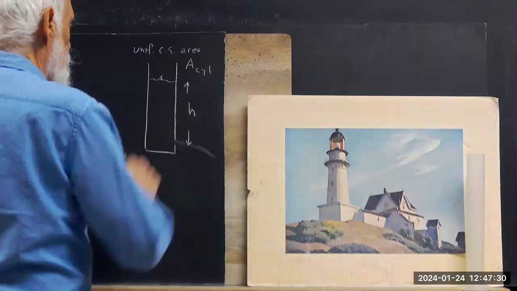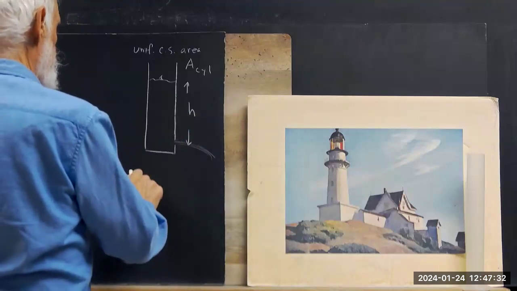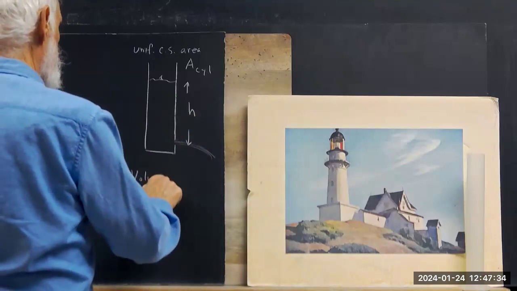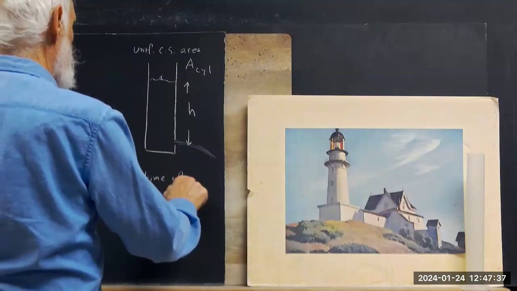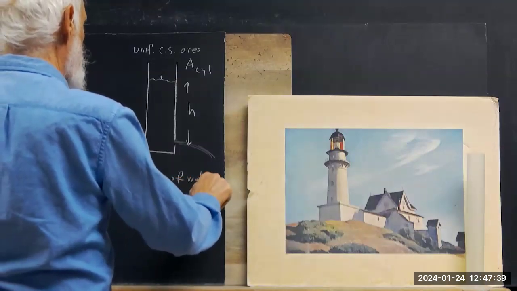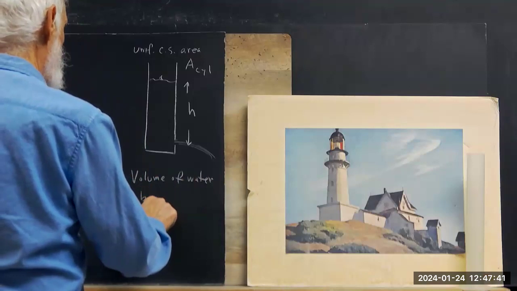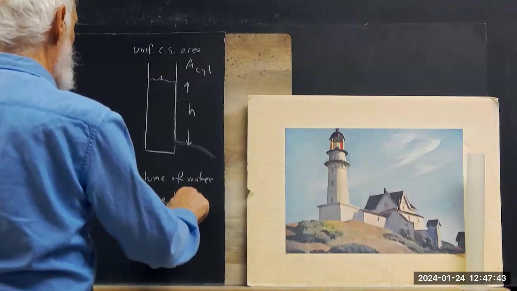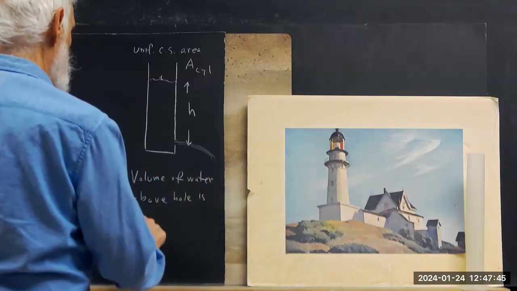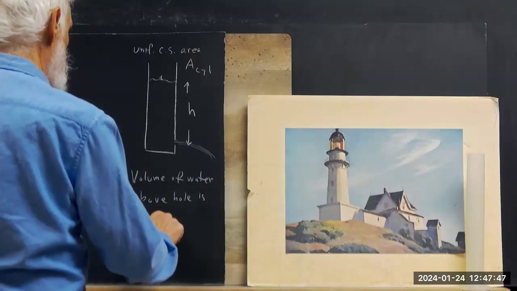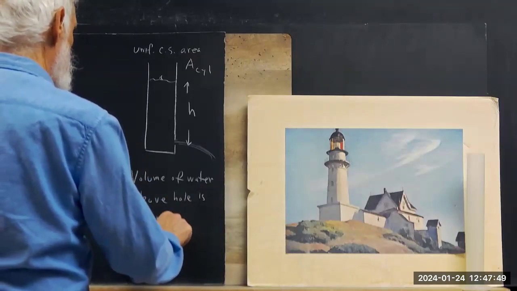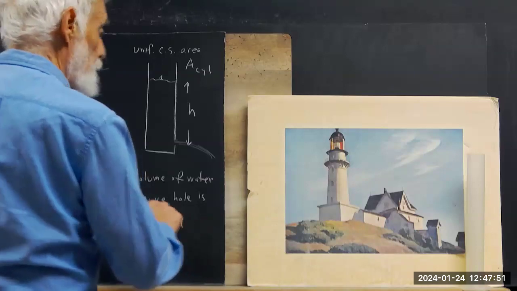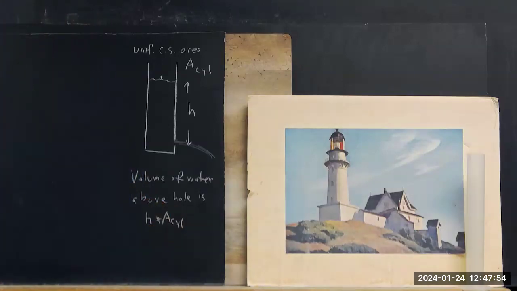And we have h. It's h times the area of the cylinder.